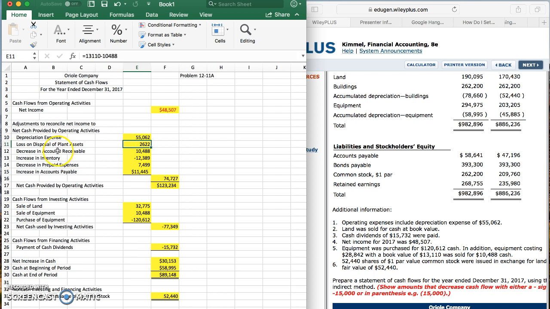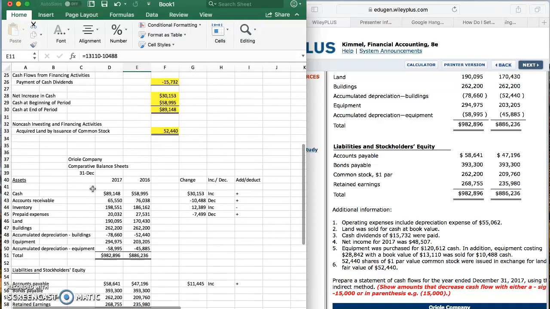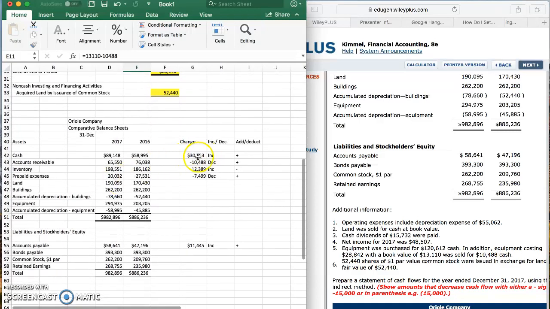And so then we're going to do the current assets and current liabilities. So we have to determine whether they increased or decreased from 2016 to 2017. And if we look down here, we found the changes here, whether they were increased or decreased.